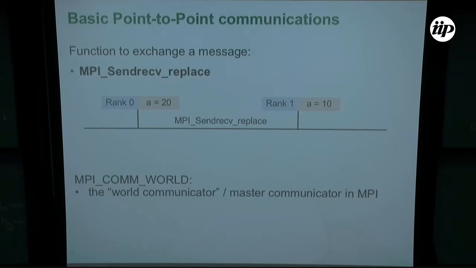So we don't have to do anything here to specify who my neighbors are to communicate with. This is already done when you do the MPI run minus n, the number of processes. It puts all these processes into this MPI com world.